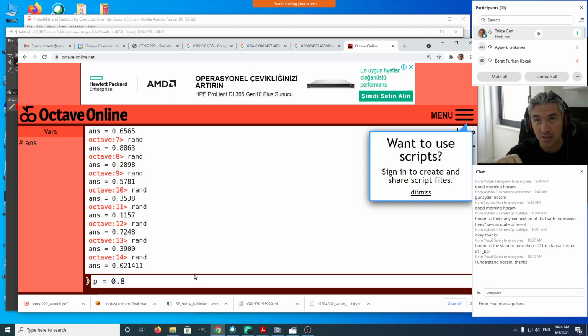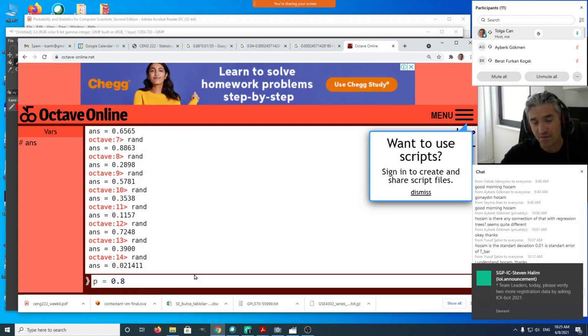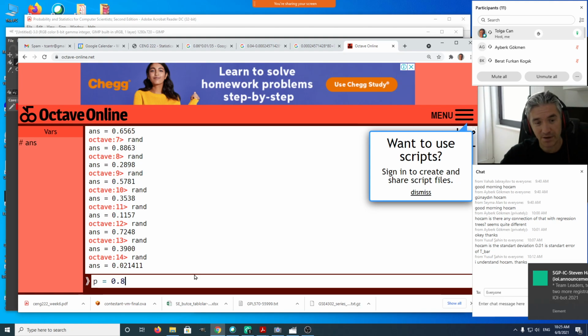For example, I want to generate 100 Bernoulli random variables, and in these 100 variables I want the success rate to be 0.8, which means that roughly 80 of them are going to be ones and 20 of them are going to be zeros.